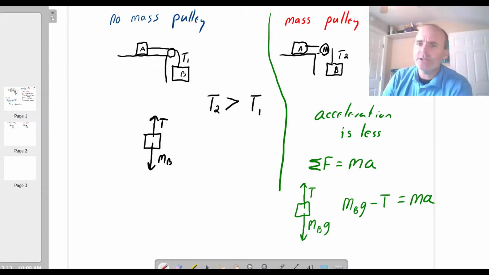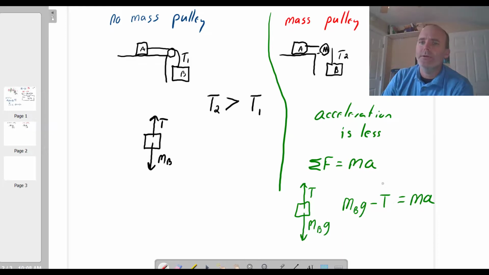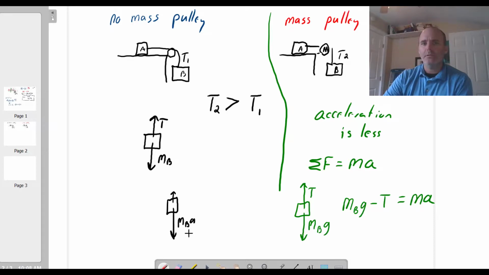If acceleration goes less, then that means that this T has to get bigger, right? So the greater that this T is, the less the acceleration is. Think about this: let's say that the T was really small, and I should put a G here. If this was really small, the acceleration would be really high.